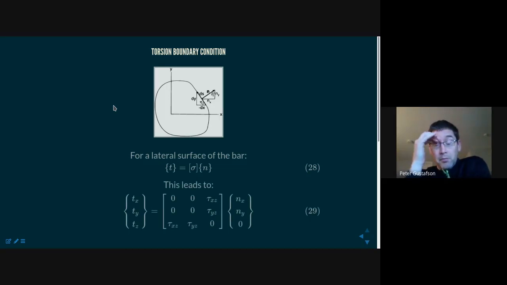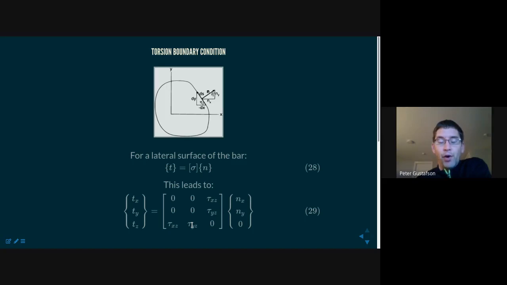Okay. Obviously, based on what we've seen so far, the traction components, here I'm writing them as Tx, Ty, and Tz, are going to be equal to the stress tensor dotted with the normal vector. We know many components of the stress tensor are 0.